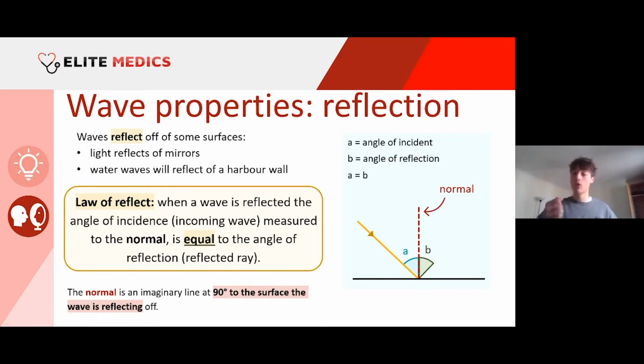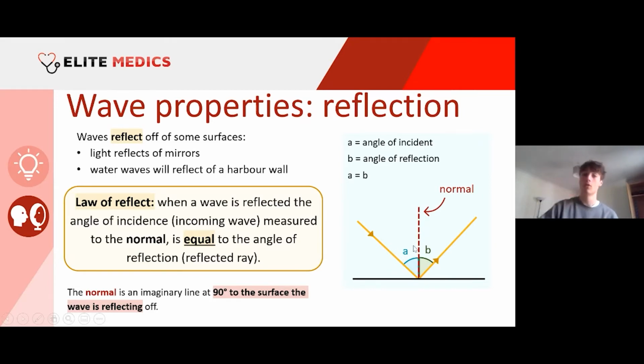Now, we know for the law of reflection that the angle of incidence is the same as the angle of reflection. So basically, A is equal to B. You have an incoming ray at an angle of A. The reflected ray will come out at the angle B, where A is equal to B. Note that we take the angle compared to the normal. We always take the angle compared to the normal.